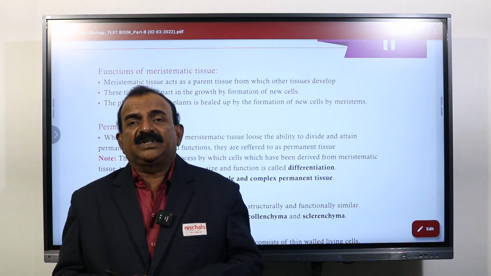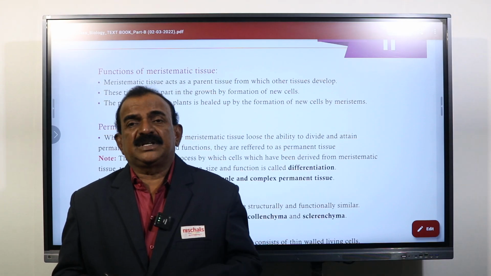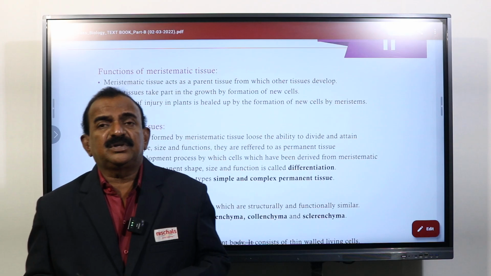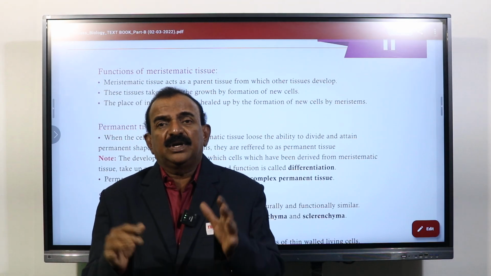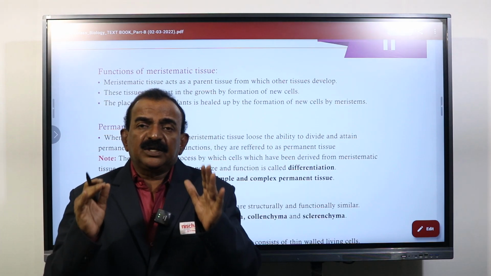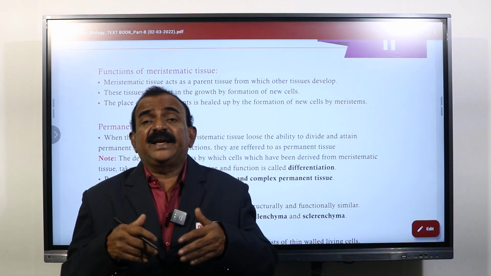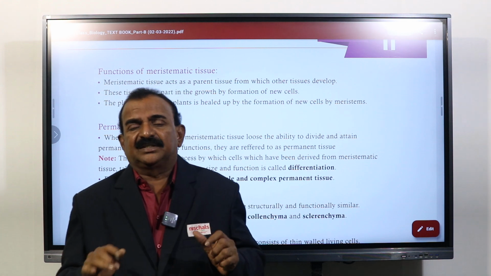Xylem tissue is useful for transportation of water and minerals, and phloem tissue is useful for transportation of food materials. So here we discuss what tissues are present in the plant body, their location, and also their functions.